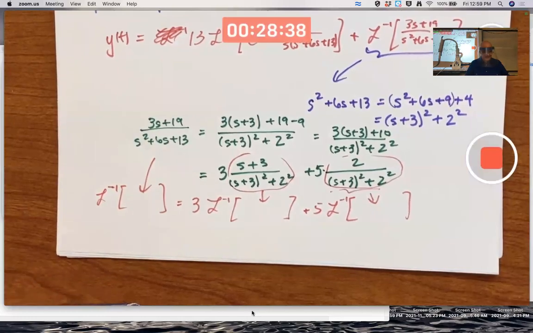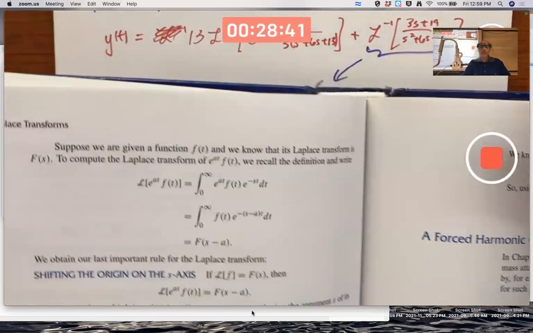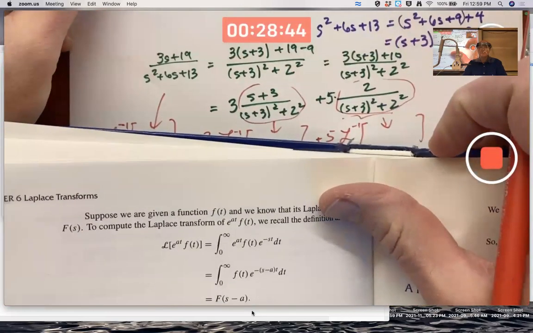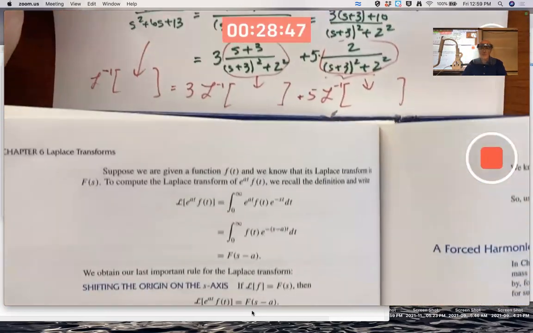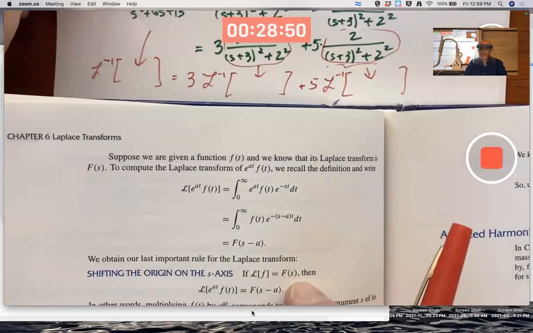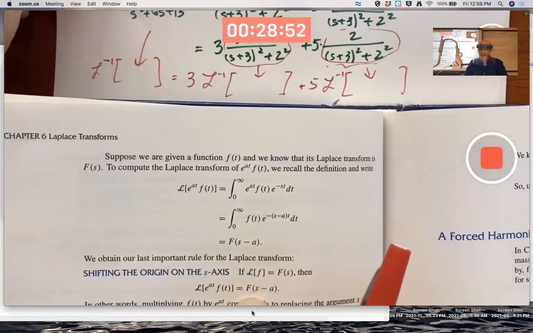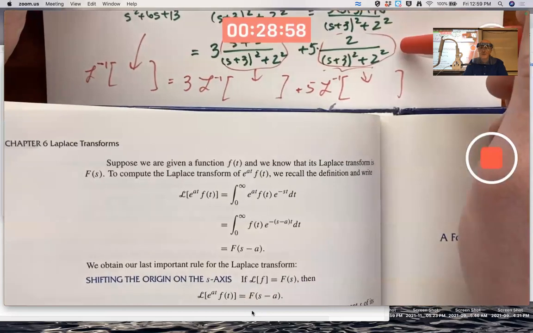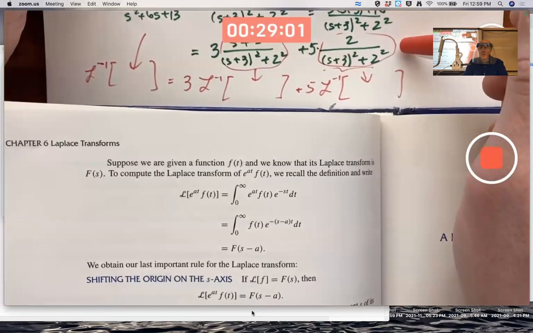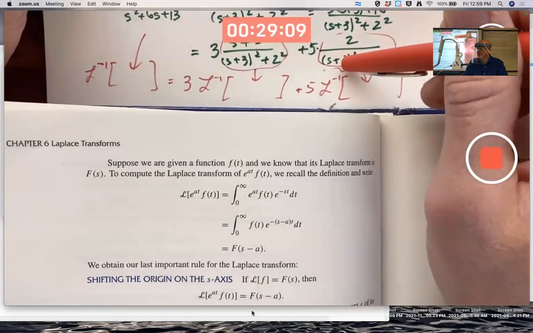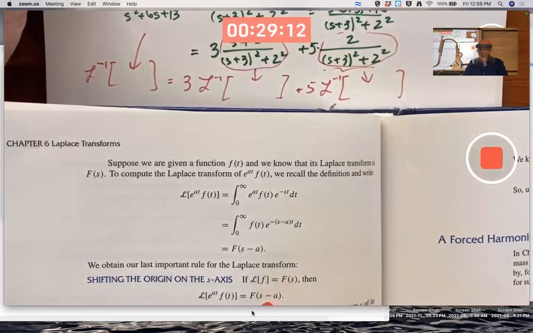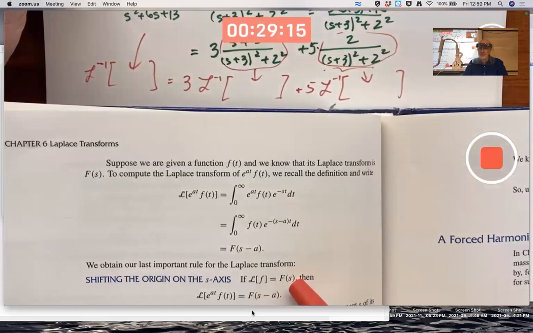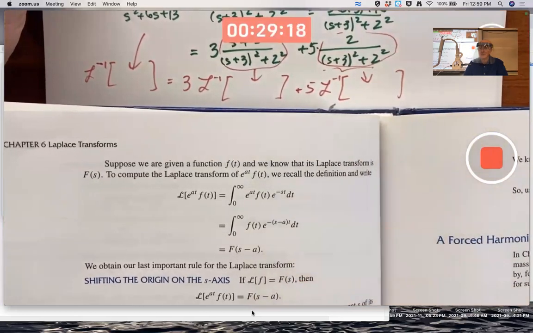Let's look again at that shifting on the s-axis property. Right here. Think about this for the inverse. The capital F, let's focus on the second one here. That's the thing I've circled in red there that I'm pointing at, the capital F of s minus a, where a is -3, because it's an s plus 3 there. Where capital F is the Laplace transform of either sine of 2t or cosine of 2t.